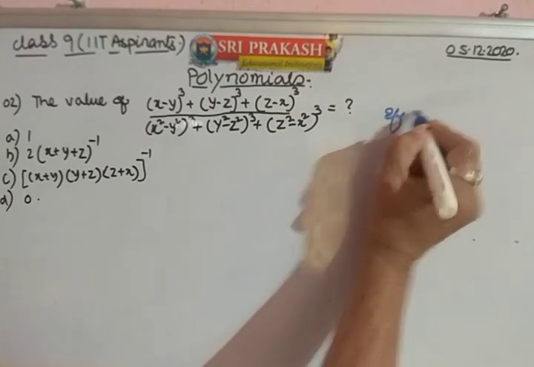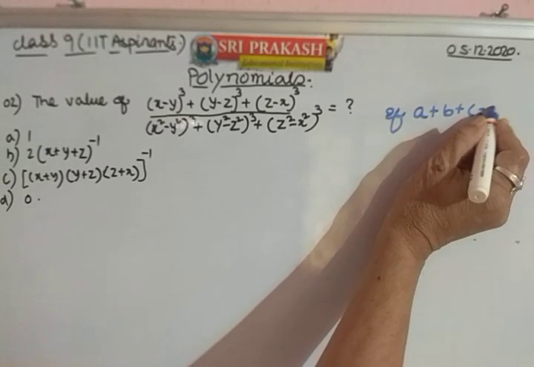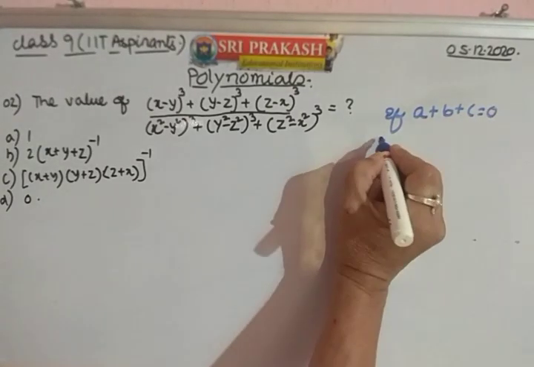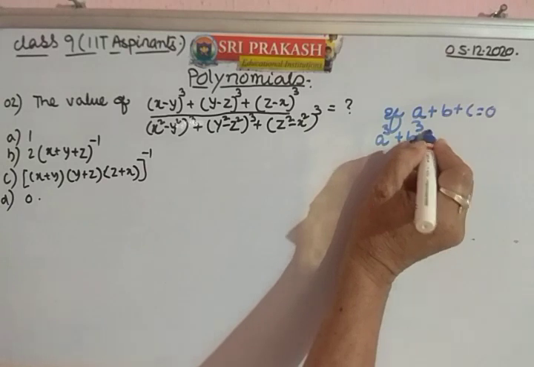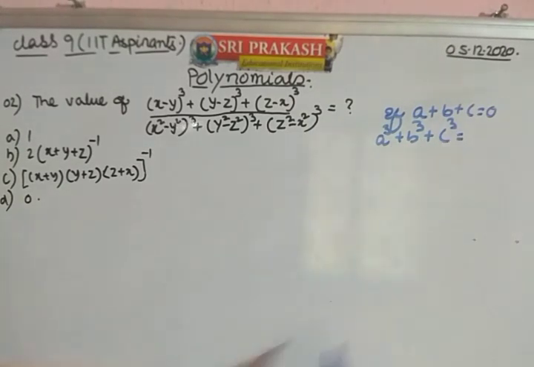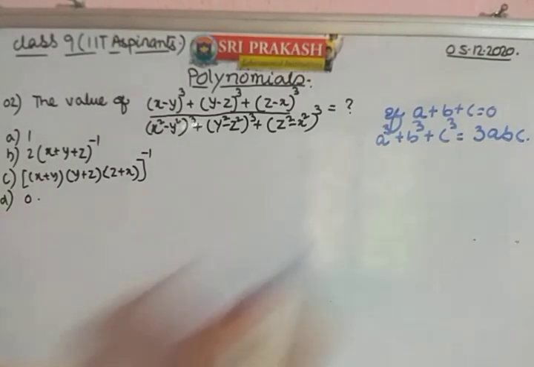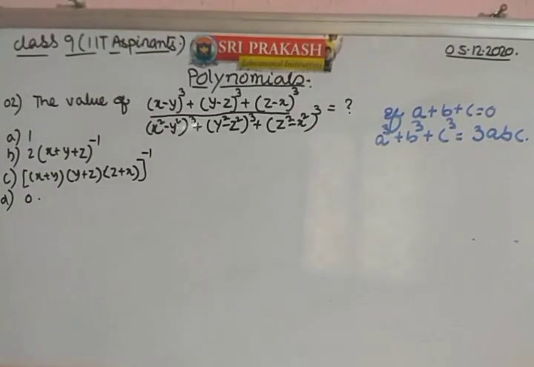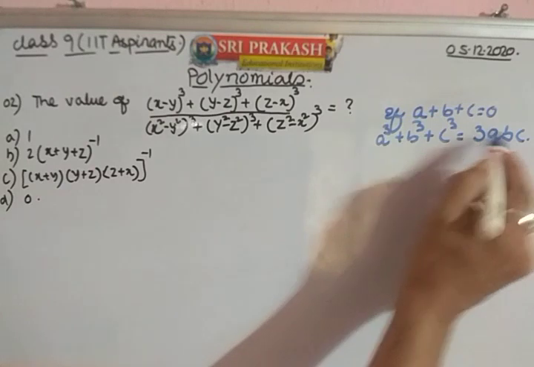If a plus b plus c is equal to 0, then a cube plus b cube plus c cube is equal to 3abc.